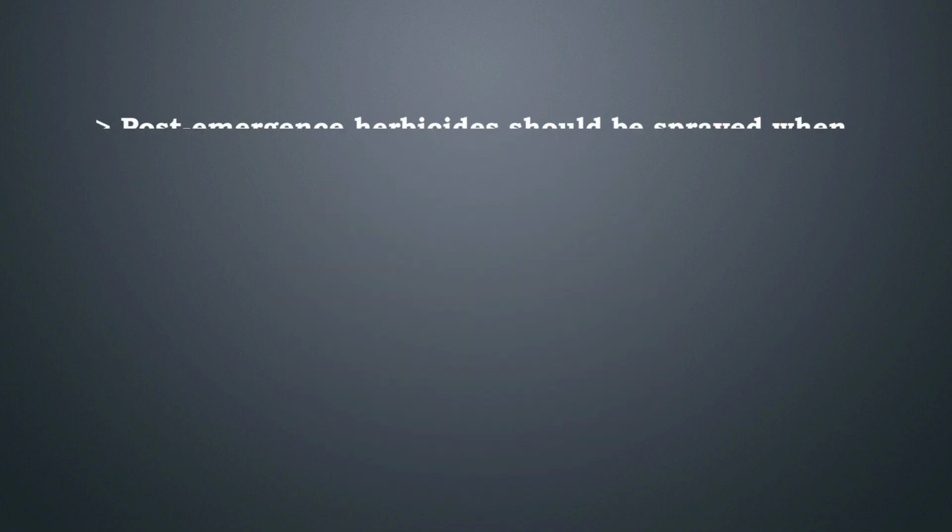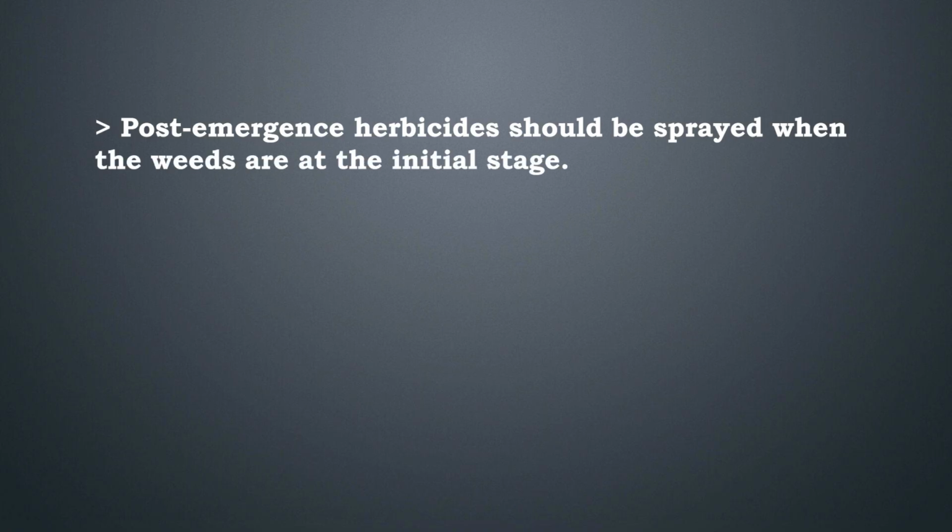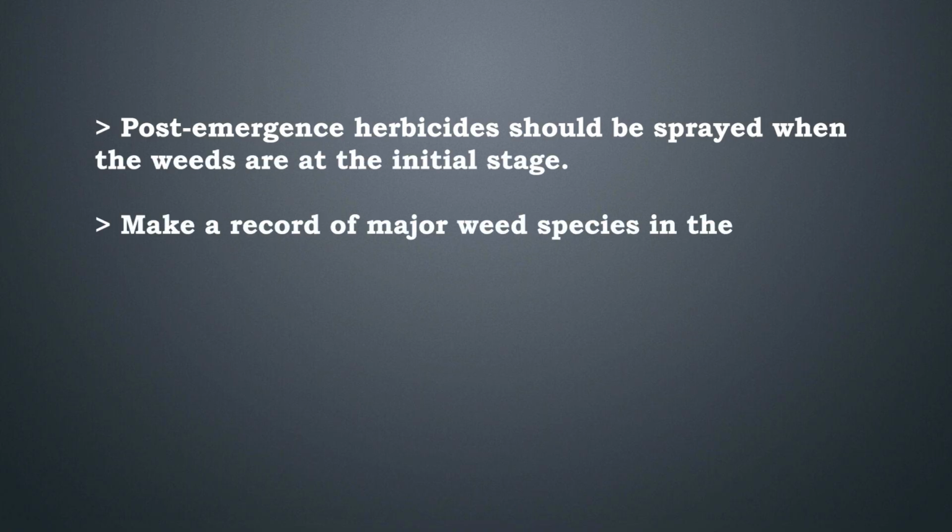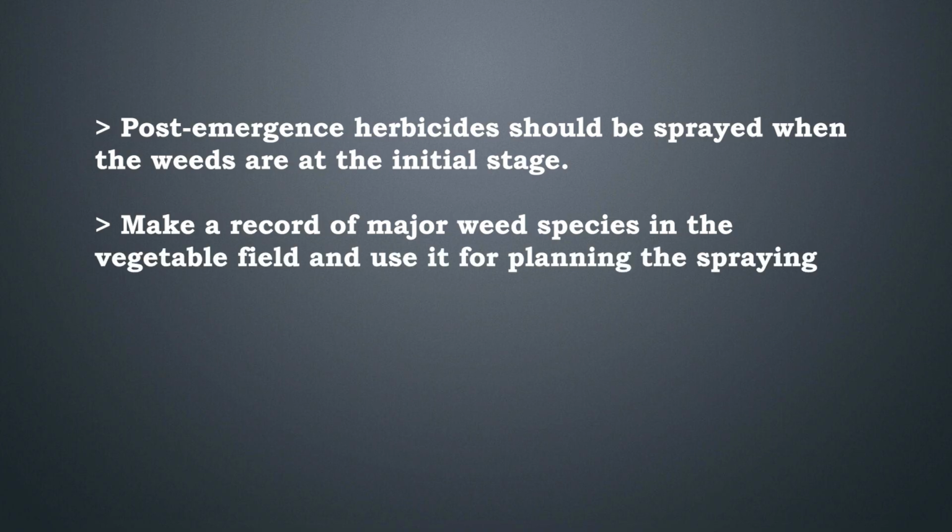Seventh, post-emergence herbicide should be sprayed when weeds are at the initial stage. Eighth, make a record of major weed species in the vegetable field and use it for planning the spraying schedule for the next season.